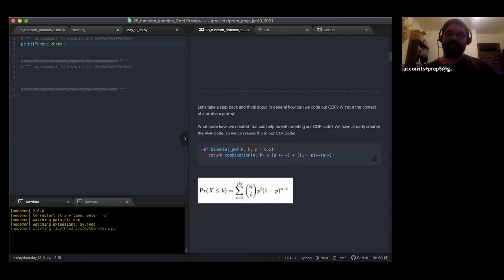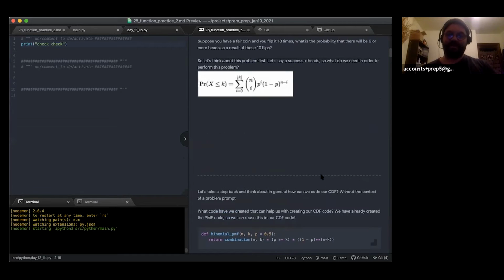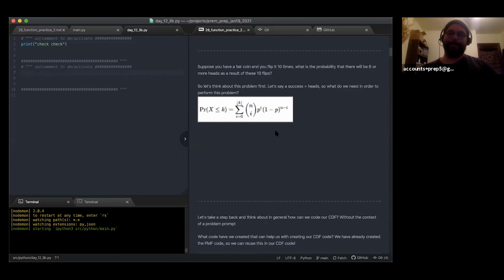And this is just giving us our binomial PMF. But let's actually, I'm going to go off script a little bit here. In order to write the CDF, I'll scroll up. In order to write the CDF, we need our PMF, right? So if you look to the right of the sigma, here is actually our PMF formula.